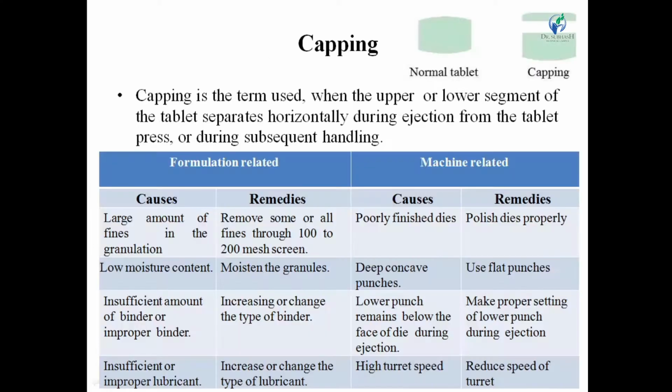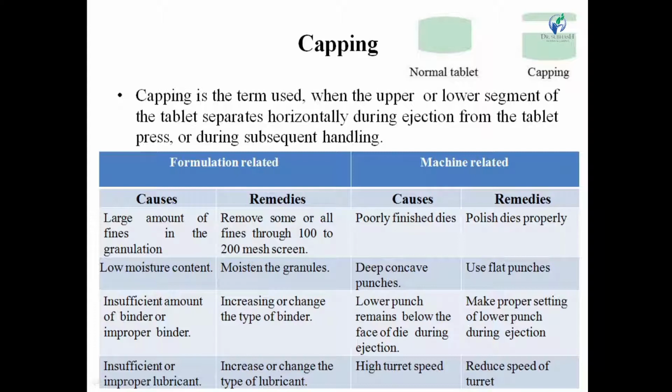First one is capping. Capping is the term used when the upper or lower segment of a tablet separates horizontally during ejection from the tablet press or during subsequent handling.